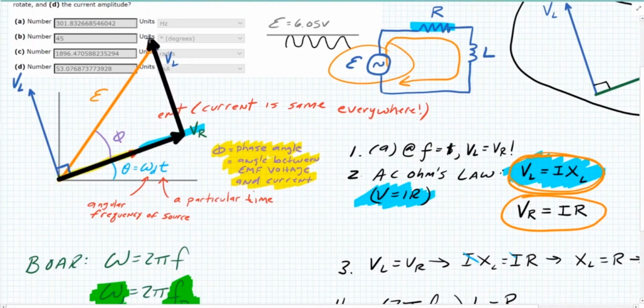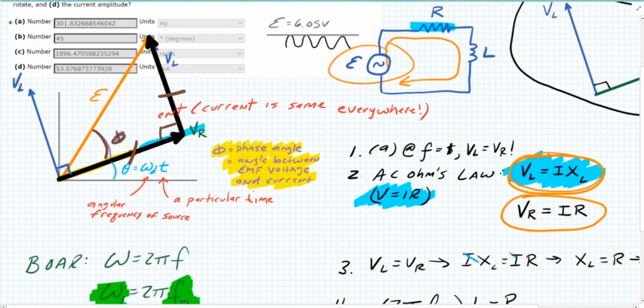Those are equal. So let me draw that so it looks a little more equal. If we engineered it so that those two voltage drops are equal, then I have an isosceles triangle. So phi equals 45 because this is always a right angle, and this voltage drop is the same as this voltage drop. So this is simply 45 degrees.